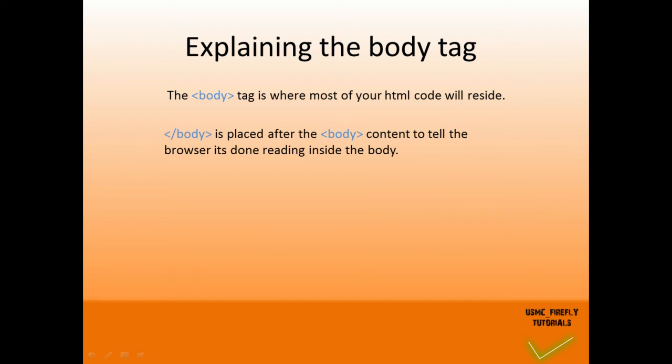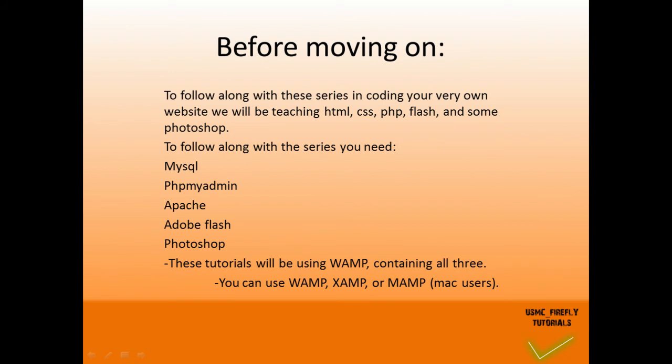Before moving on, to follow along with these series in coding your very own website, we will be teaching HTML, CSS, PHP, Flash, and some Photoshop. To follow along, you'll need MySQL, PHPMyAdmin, Apache, Adobe Flash, Photoshop.